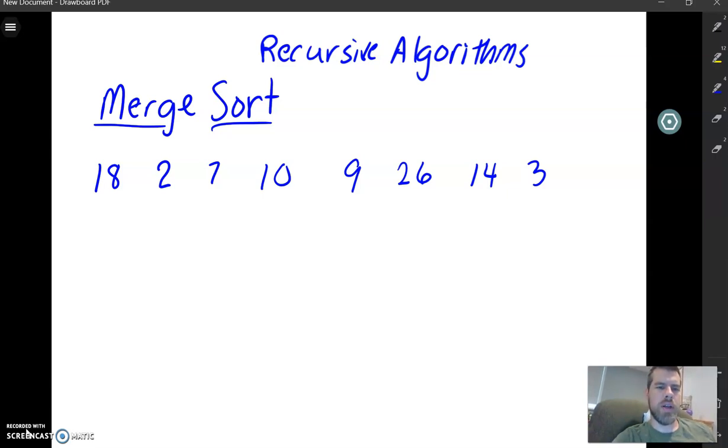So with merge sort, it uses recursion to break down the list of numbers into smaller and smaller groups and then shuffle them back together once they've all been split up. So I'm going to go through an example real quick. I've got 8 numbers here, and what this algorithm does is it recursively breaks down the set of numbers that's been given into 2 parts.